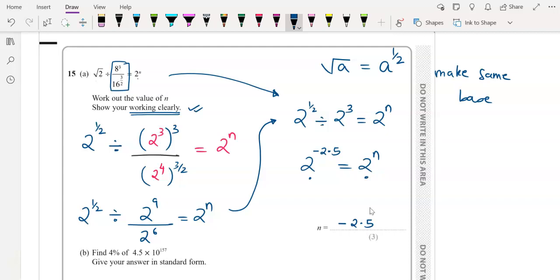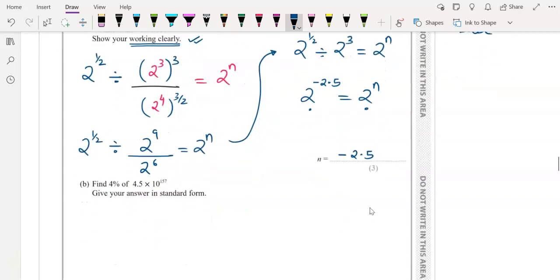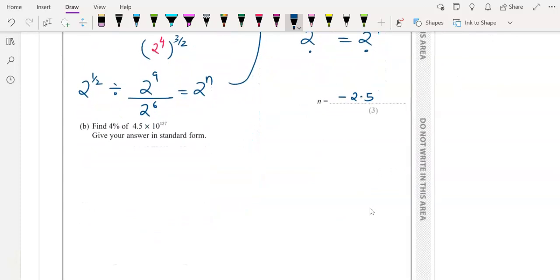Okay, part B. Find 4% of 4.5 times 10 power 157. So I need to work out 4% of 4.5 times 10 power 157. Let's work out only the first part.